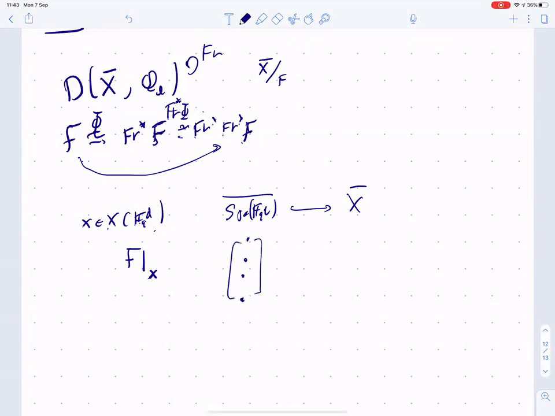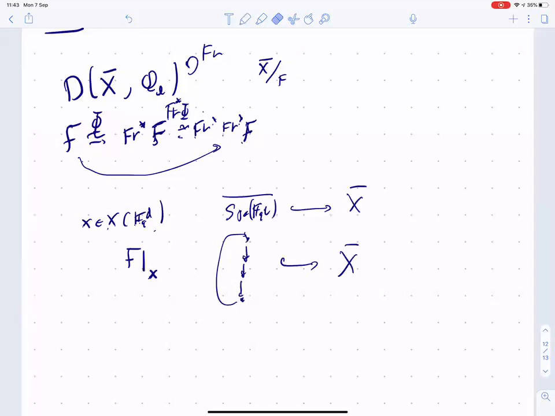It's D different points, and I map it to X bar, and I have my Frobenius action, and the Frobenius just moves them cyclically, because the Frobenius is the generator of the absolute Galois group of F_q^d. So it looks like just the inclusion of an orbit.